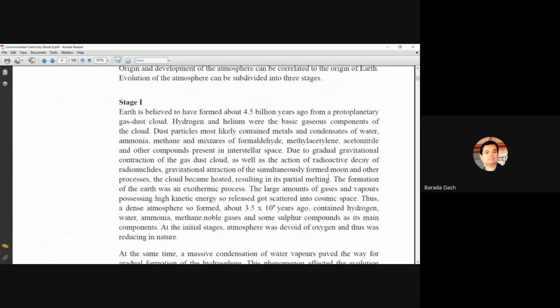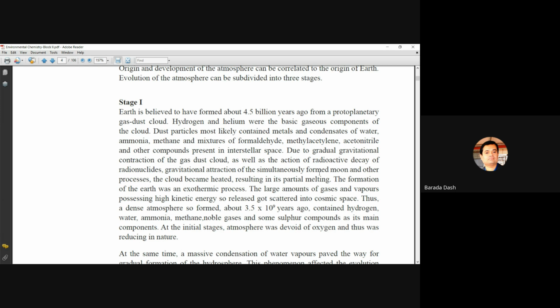So, the origin of the atmosphere. Earth is believed to have formed 4.5 billion years ago from a protoplanetary gas and dust cloud. Hydrogen and helium were the basic gaseous components of the cloud.